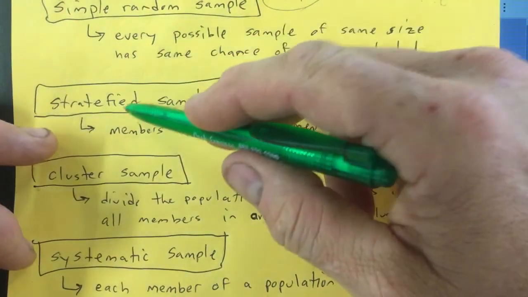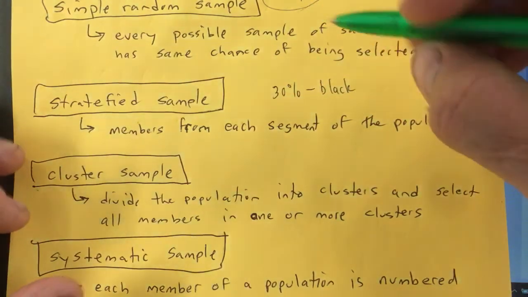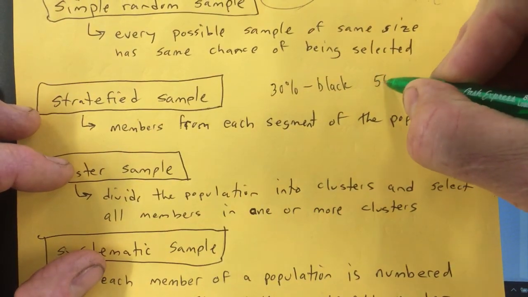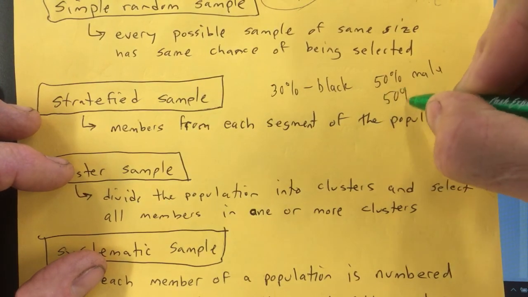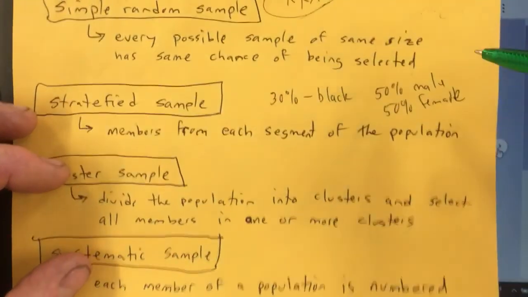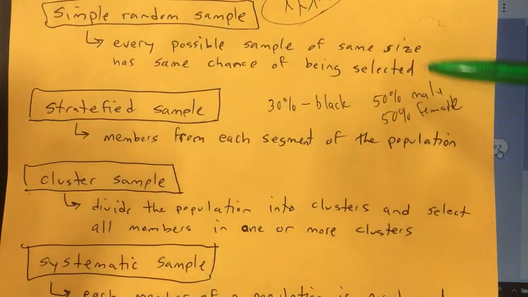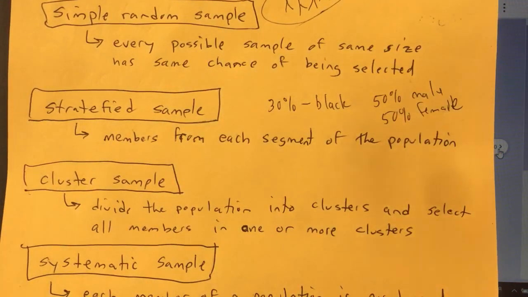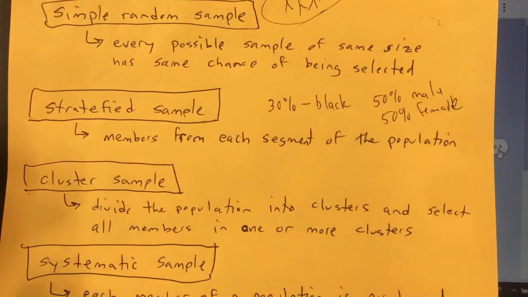A stratified sample would involve 30% of them being black. Or if you have 50% male, 50% female, your stratified sample would involve 50% of them being male and 50% of them being female. So that's when members of each segment of the population are involved.